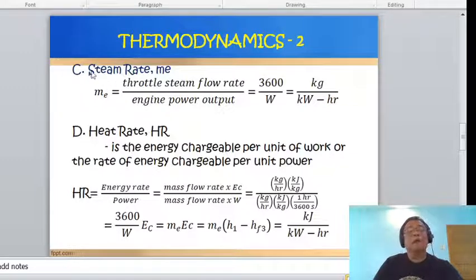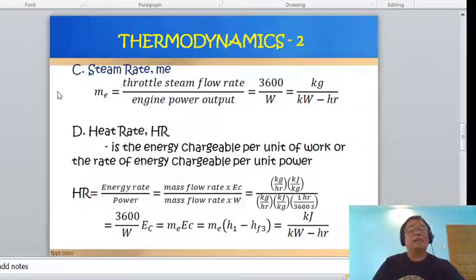So multiply that kilojoules per kilogram by kilogram per hour, then change the hour into seconds, and then eliminate the mass flow rate. So the remaining parameters in determining the steam rate is 3600 divided by the change in enthalpy at the engine, in kilogram per kilowatt hour.